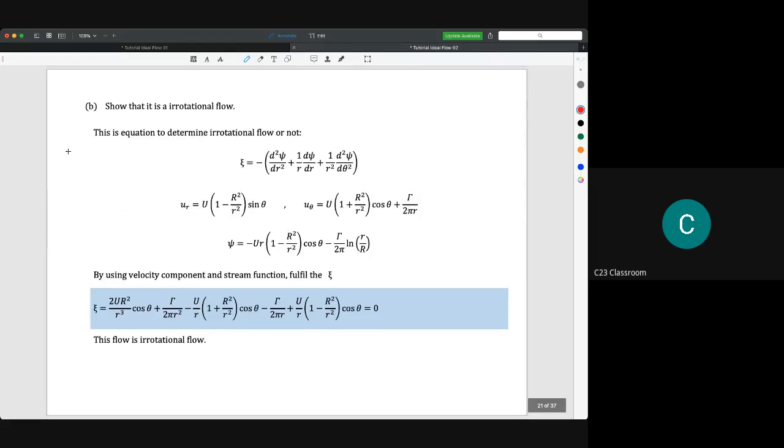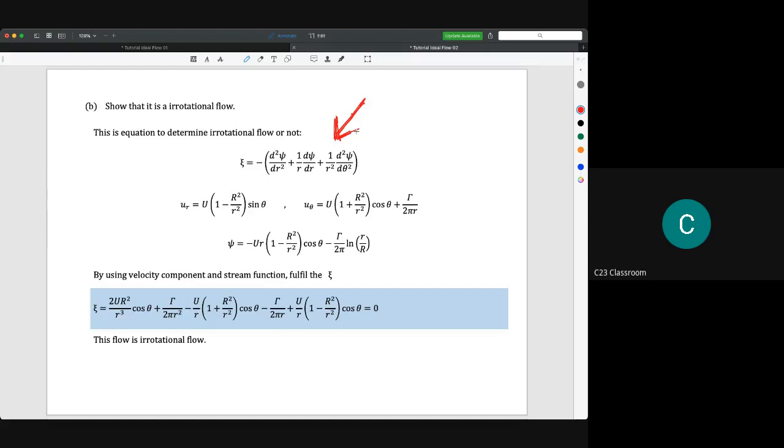Then if we want to prove it is an irrotational flow, we already have two methods. If you want to do this method, in the previous tutorial we have this kind of solution. Let's say I start with this equation.